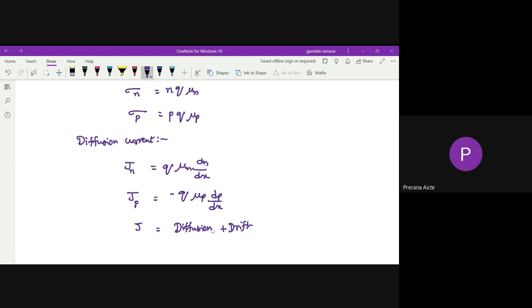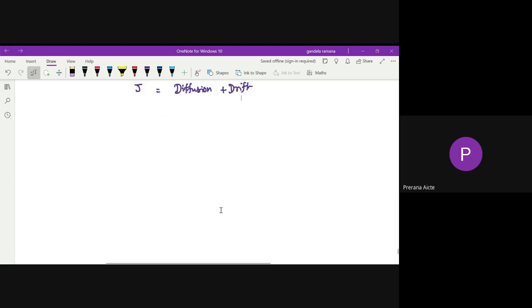So we know very well. The next one is the Einstein relationship.